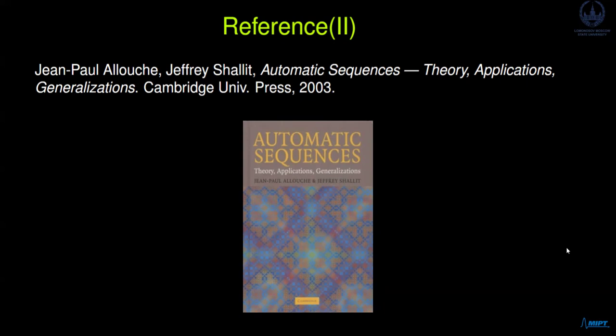Finally, I would like to emphasize the importance of exploring further by referring to fundamental texts such as Lothaire's Algebraic Combinatorics on Words and Allouche and Shallit's Automatic Sequences, and Michel Rigo's book on numeration systems. These references provide deeper insights into the topics we have only begun to touch on today.